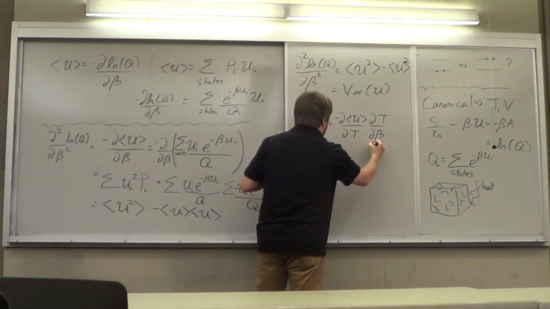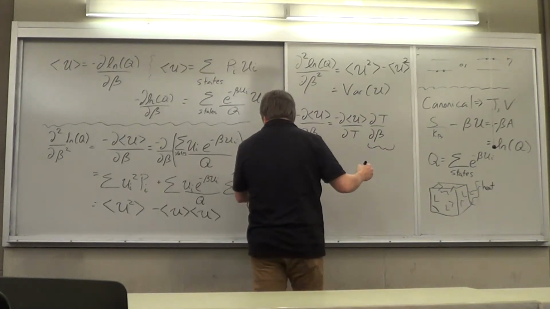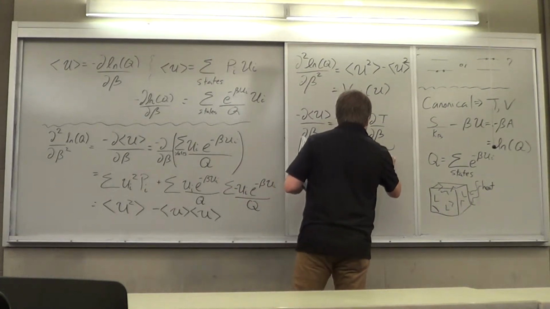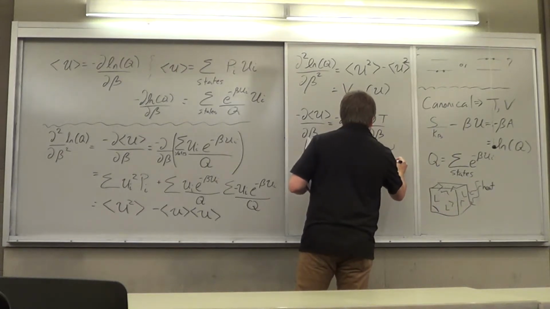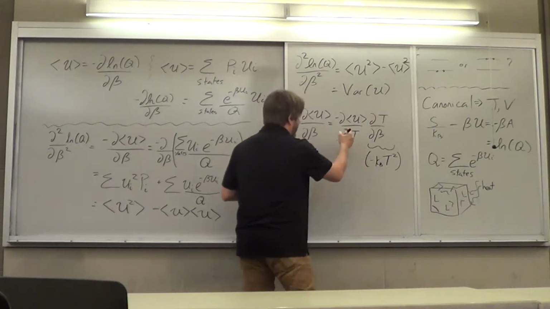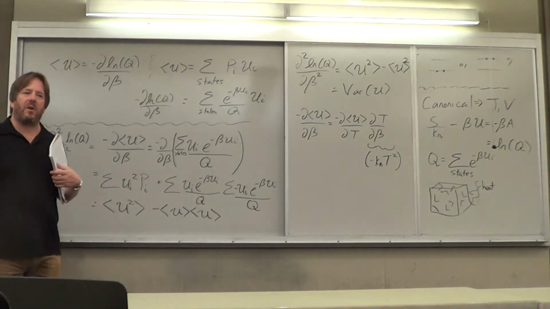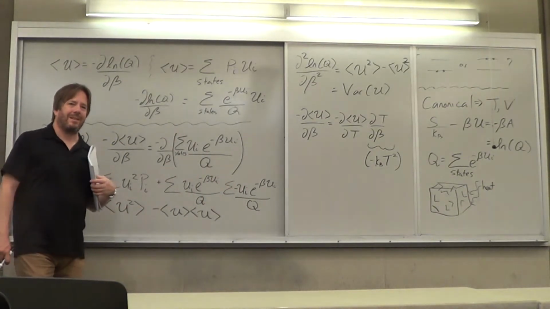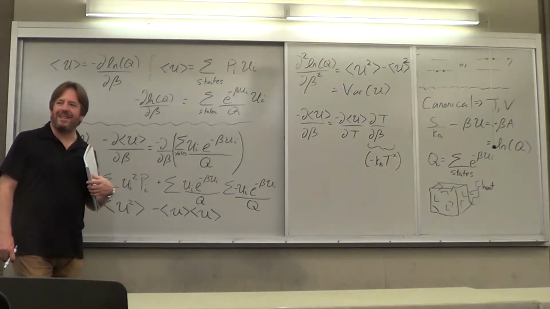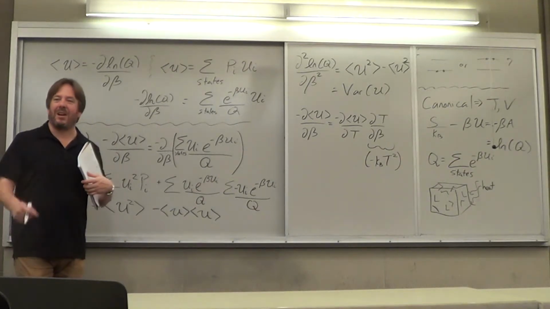Now this guy, it happens to be minus kb T squared. So what's this? The change in U with respect to temperature. Remember, we're at constant volume. We covered this on day 1. No, we didn't. We did not cover this.